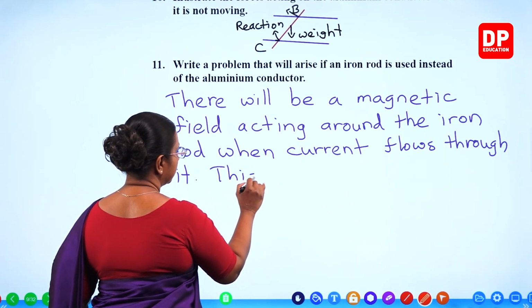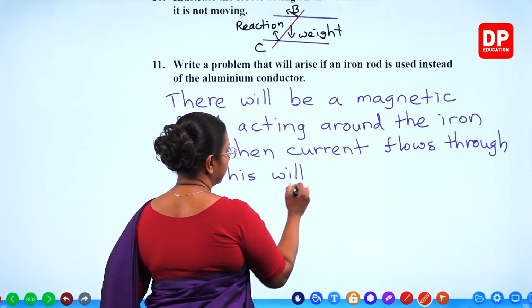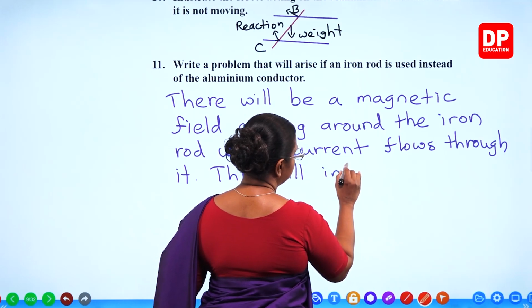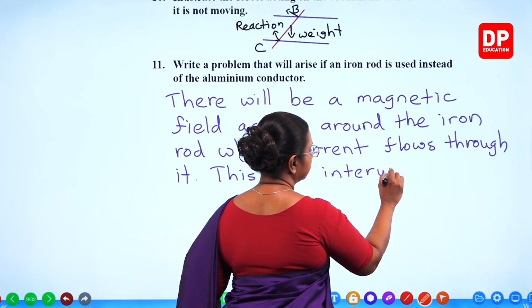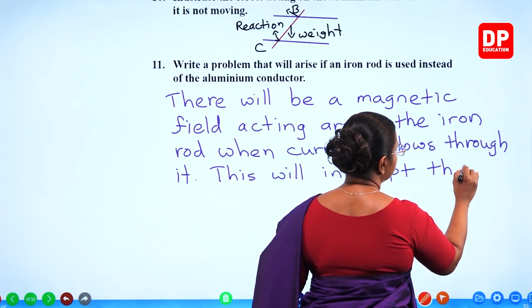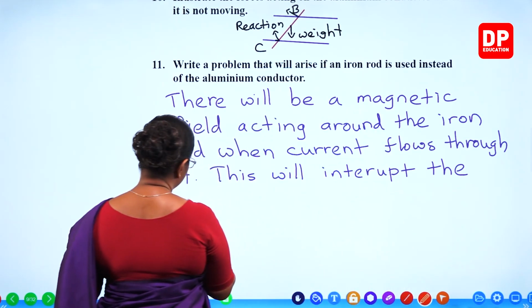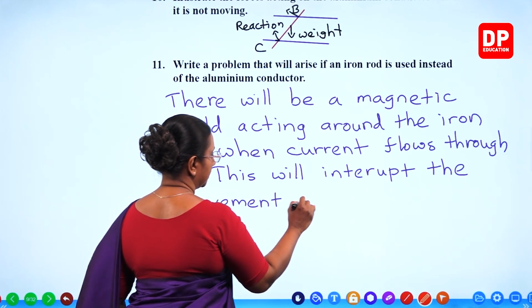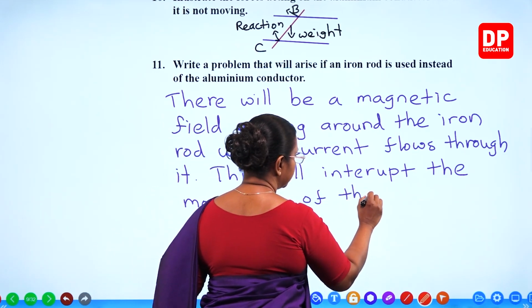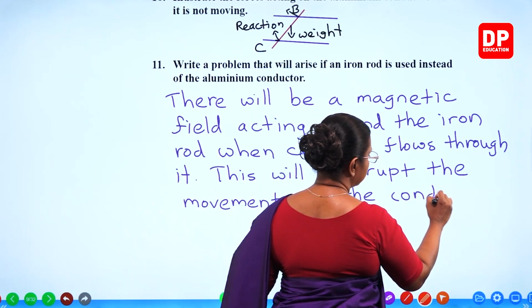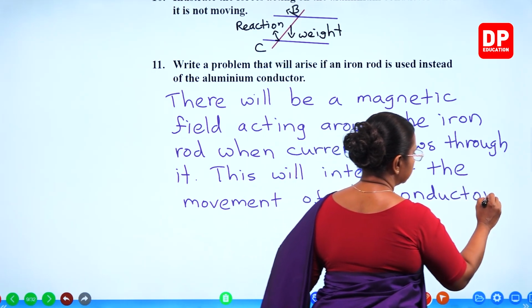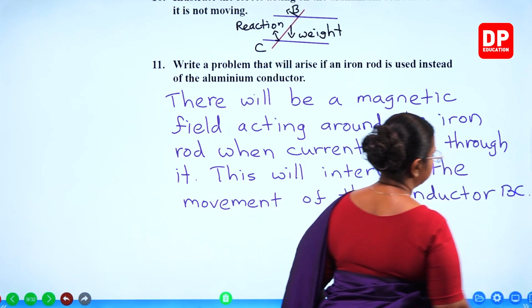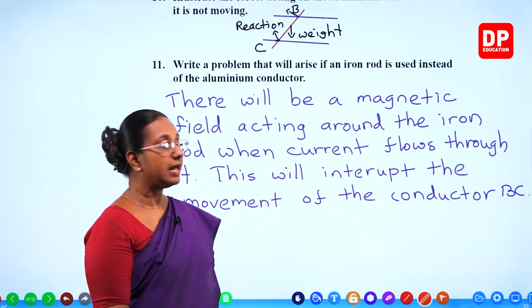This will interrupt the movement of the conductor BC. So if you write that, that is more than enough.